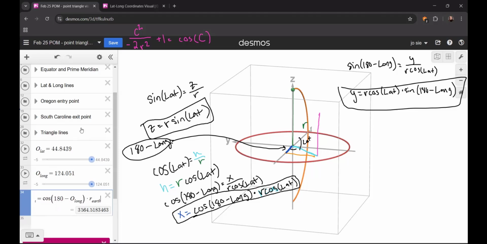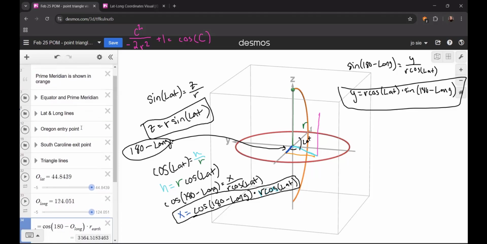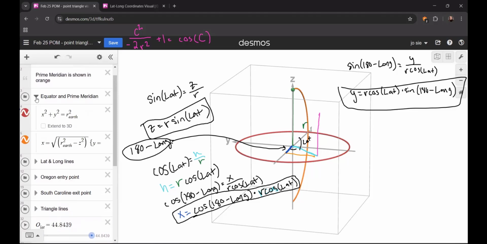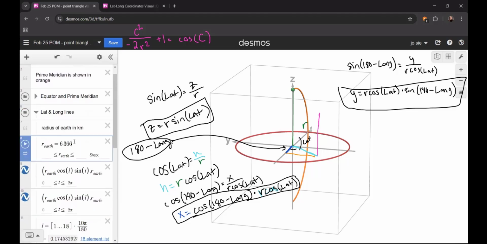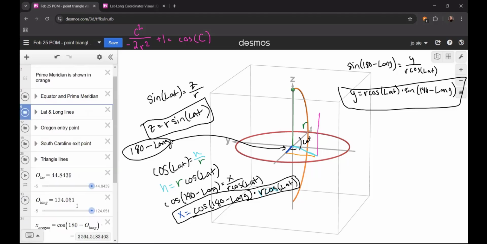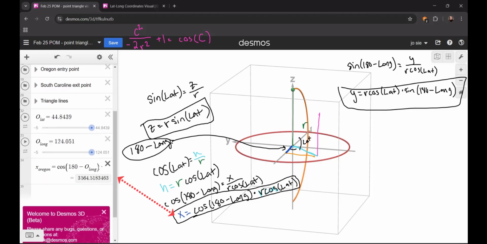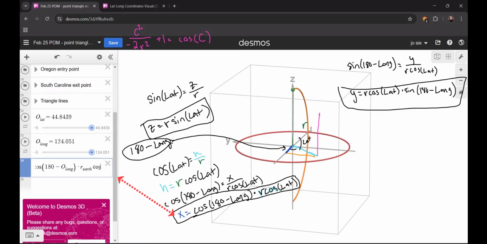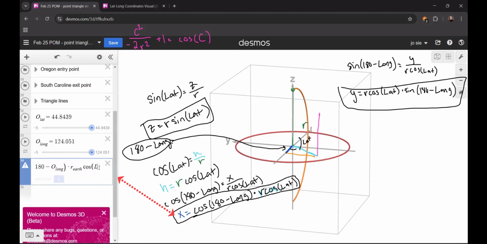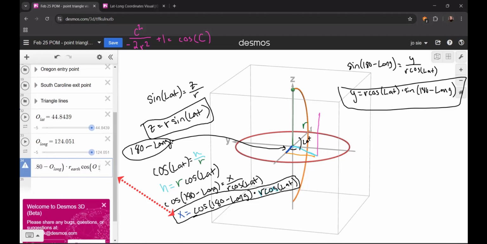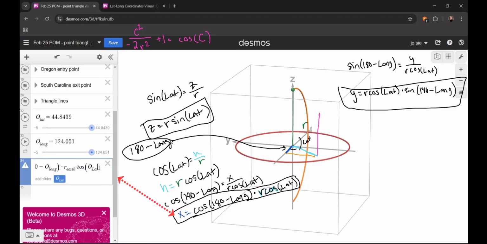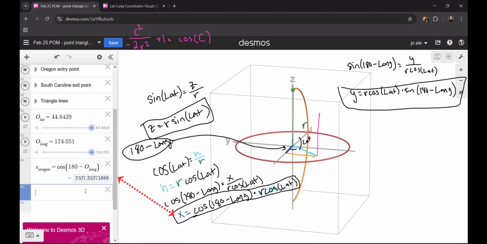The radius of the Earth that I used was in kilometers, which is 6,366 kilometers. Then times the cosine of Oregon's latitude. So we've got an x-coordinate for Oregon.